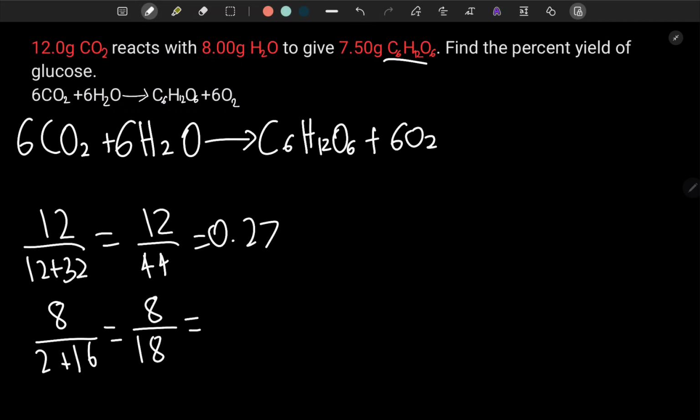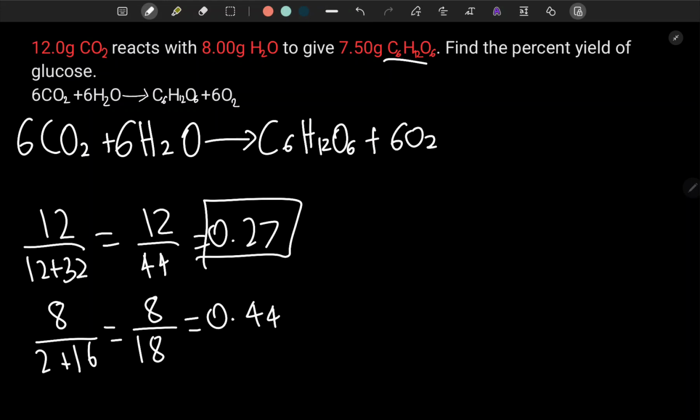And for H2O we have 8 divided by 2 plus 16, meaning 8 over 18, which is 0.44. So which one here is less is the limiting reactant. It is going to be this one, since this is way less than 0.44, meaning the CO2 will finish first. So let's write these below this now.